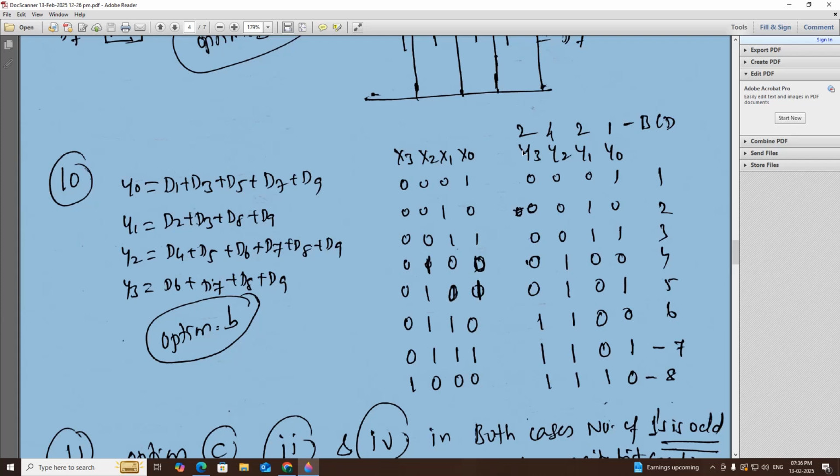So Y3 is 6, this is 2, this is 1 and this is 1, this is 1 and this is 1. So 2 plus 4 is 6, remaining is 0, 0. Therefore we got 6.